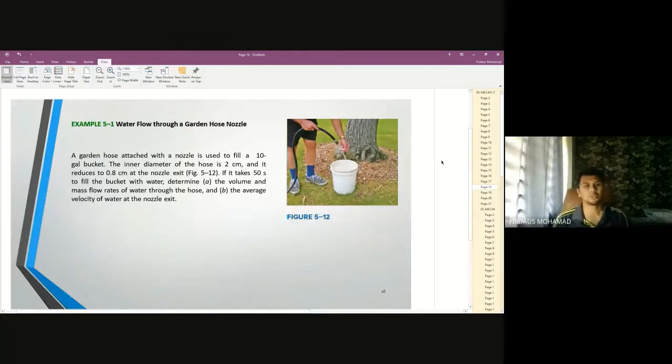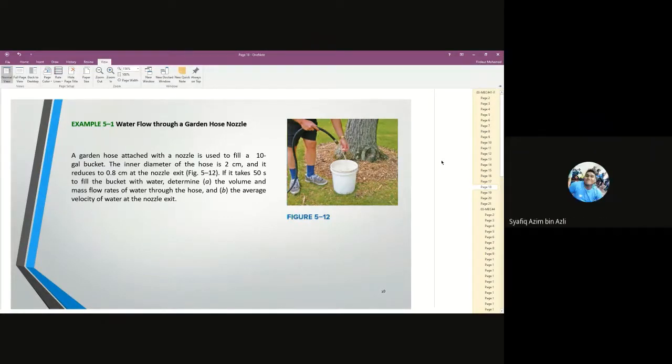So the question says: a garden hose attached with a nozzle is used to fill a 10-gallon bucket. What is the 10-gallon bucket? What quantity is it? It's the volume, 10 gallons.